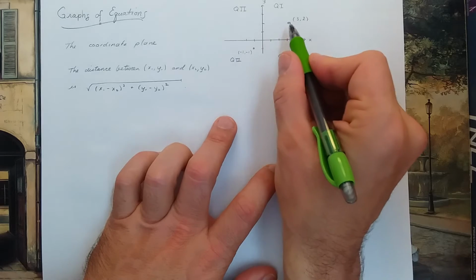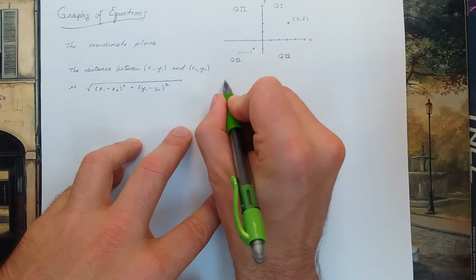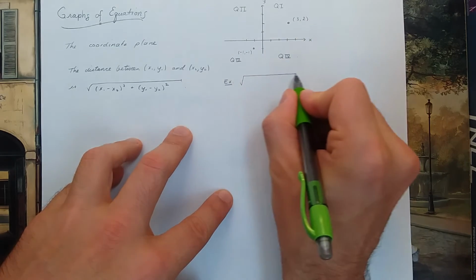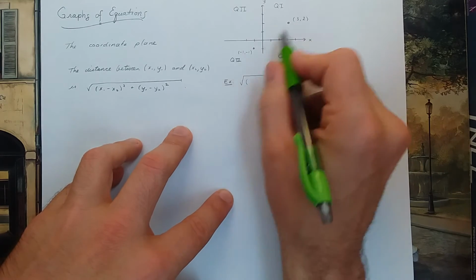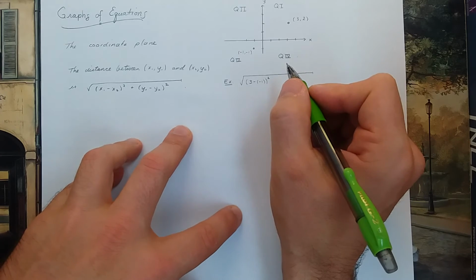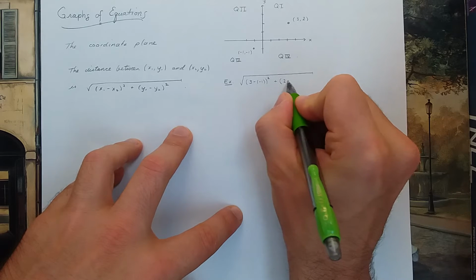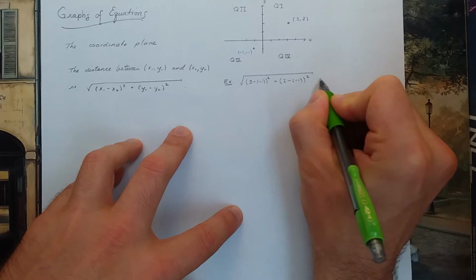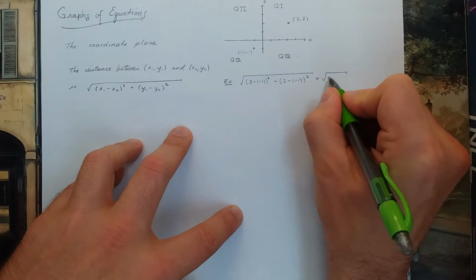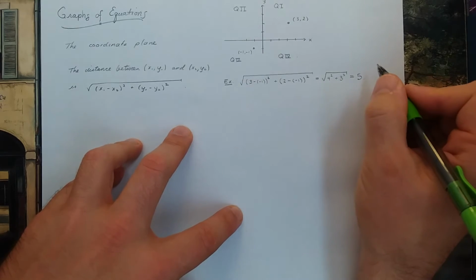So for example, I can calculate the distance between these 2 points. The distance between these 2 points is the square root of (3 minus -1) squared plus (2 minus -1) squared. What would that be? The square root of 4 squared plus 3 squared, the square root of 25, which is 5.